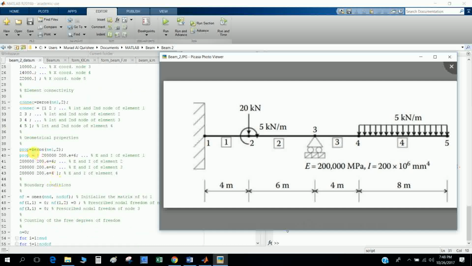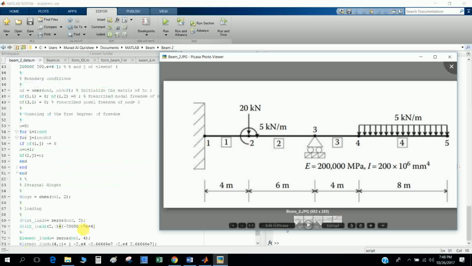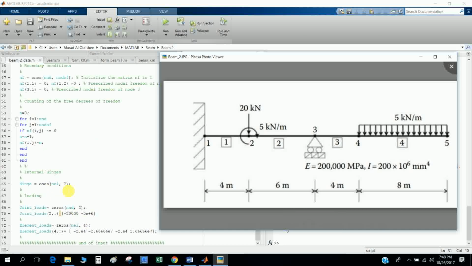And there are properties, so it depends on the number of elements. Here there are two properties, one is elastic modulus and one is moment of inertia. So I define it here according to this. And then the boundary condition, this is nodal freedom. Nodal freedom is always 0. And there is a hinge condition here.